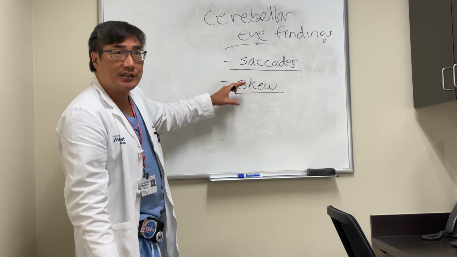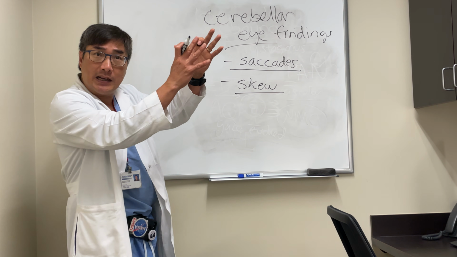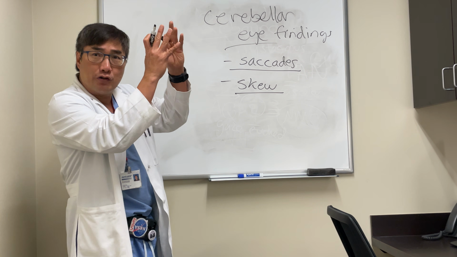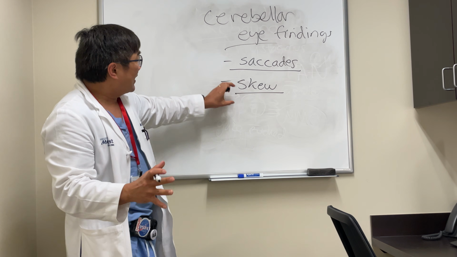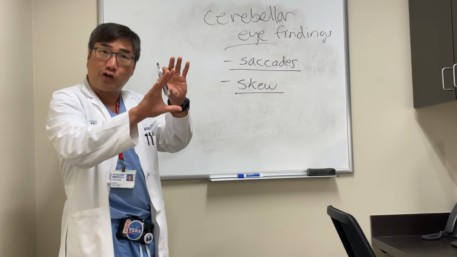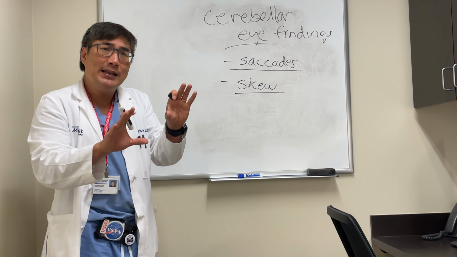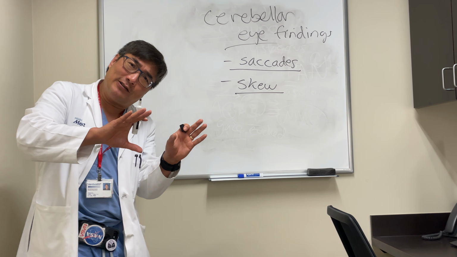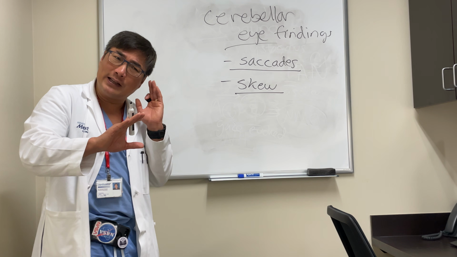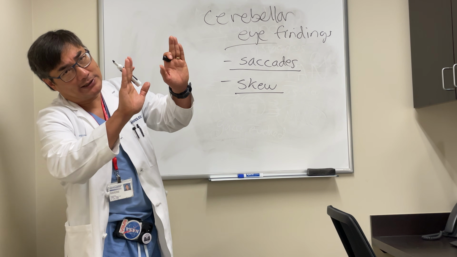And we can get skew deviation, which is uncommon. Normally, skew deviation is a vertical deviation caused by disruption of the otolith input to the cranial nerve nuclei 3, 4, and 6. But that same problem can be a disconnection at the level of cerebellum, which causes a vertical deviation that doesn't localize to one muscle or muscle group. They might have a head tilt, which is called the ocular tilt reaction. So the otolith and the ear is meant to tell your head to counter roll in response to a head tilt.